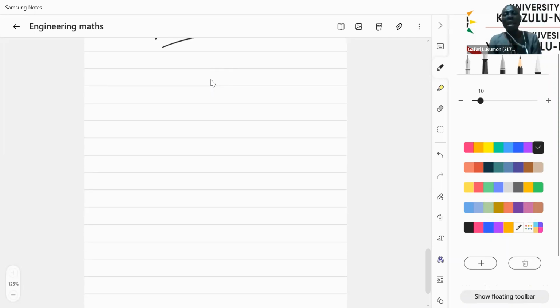So before we continue, after explaining the matrices, I'm going to tell you the nature of equations. A system of equations can give you a unique solution, no solution, or infinitely many solutions.